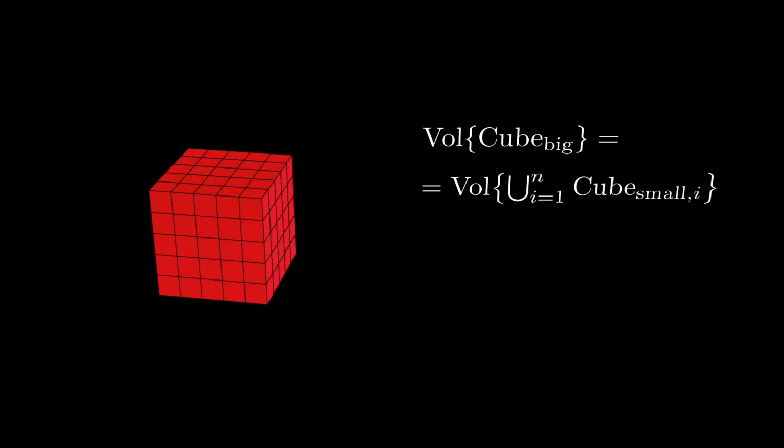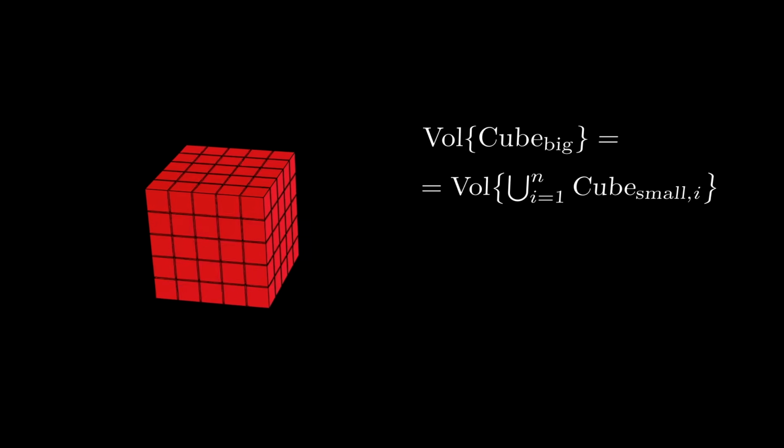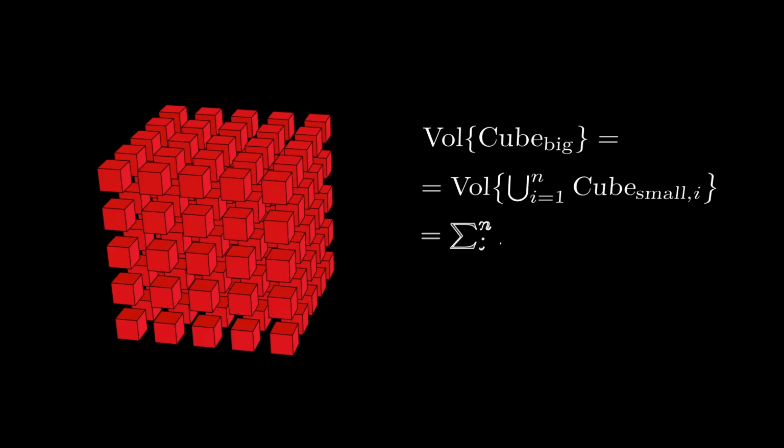If you're wondering how this can be enough, let me give you an intuition. Notice that since we can shift objects around without changing their measure, we can actually determine the volume of smaller cubes than the unit cube. If we split the unit cube evenly into n disjoint small cubes, we know from the sigma additivity of our measure that the volume of the unit cube is simply the sum of the volumes of the small cubes.